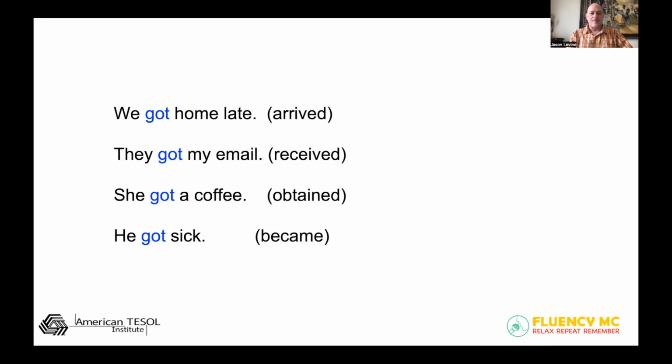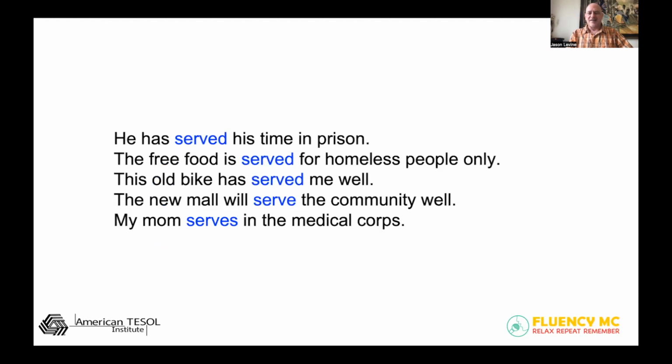What if you have higher level students and older students? You could do something like this. And they're great examples. If you look at collocations with words, you can find different examples that you could use. To serve time, to serve food.